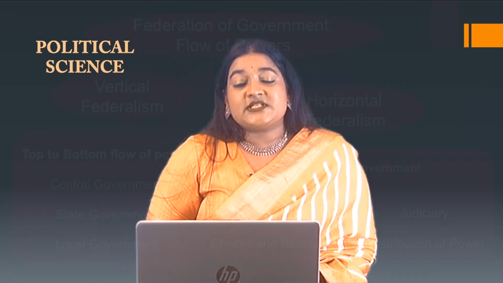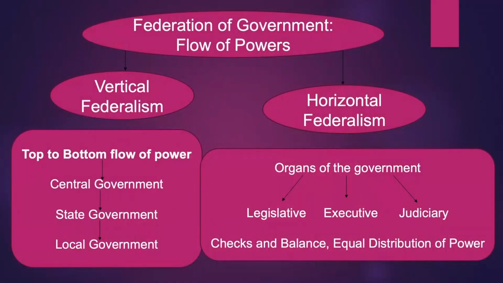Now, moving on to the next thing: how will the powers flow once federalism kicks in? Federalism has come into existence, as we know, by the division of powers and creation of 3 levels of government.